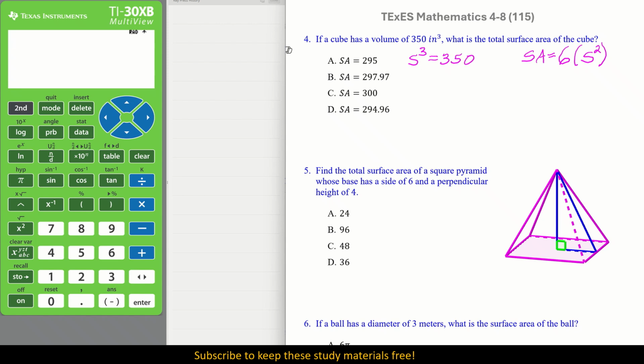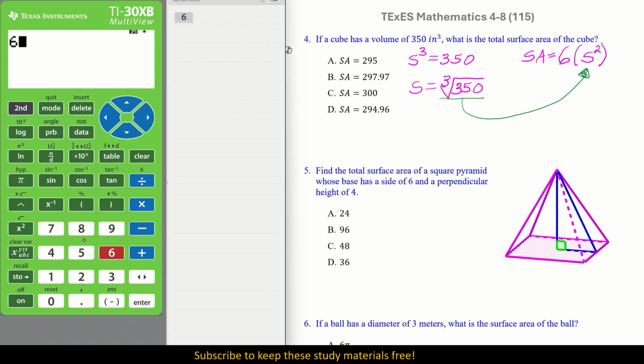350. So what do we do? We cube root both sides, and this will give us S is equal to the cube root of 350. Now, we take this value and simply substitute it in here. Okay?